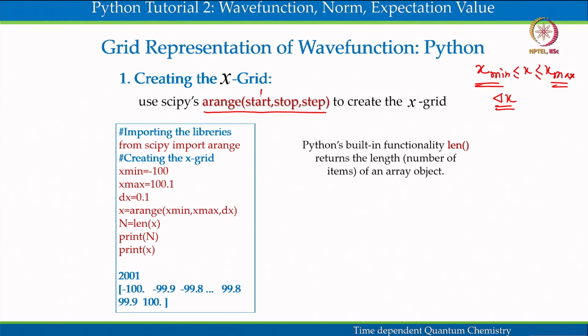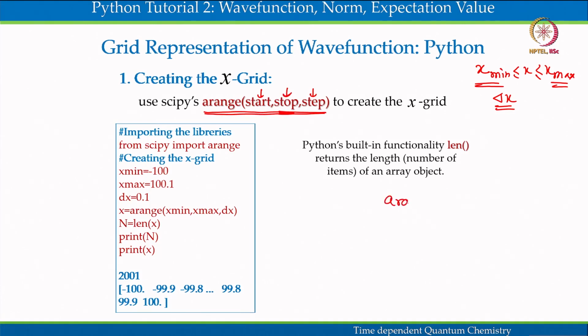So start and stop is the range, and then this is the difference between each grid point, evenly spaced points. I'll just remind you that in arange, the stop value will not be included in the sequence.